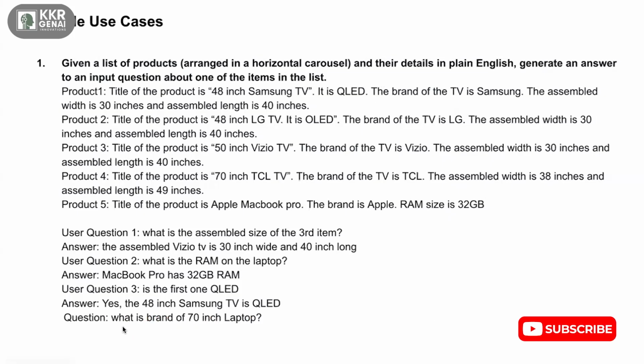Let's say this is the question: what is the brand of a 70-inch laptop? What should be the output? If it is not found, what to say, because that's not there here actually. You can also simply say there is no product with a 70-inch laptop. Yeah, that should be provided as one of the inputs.